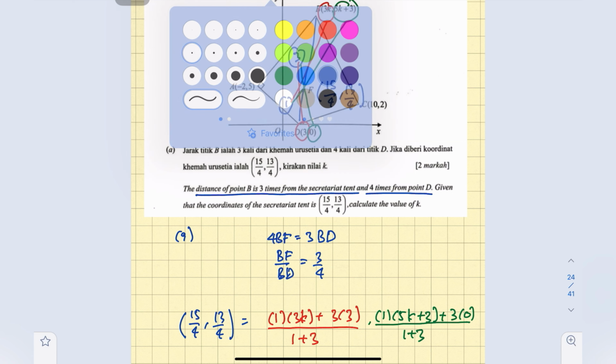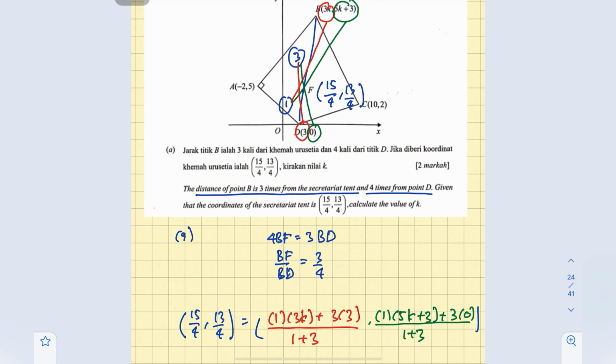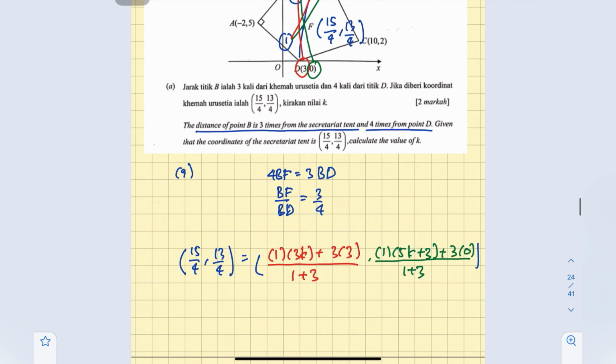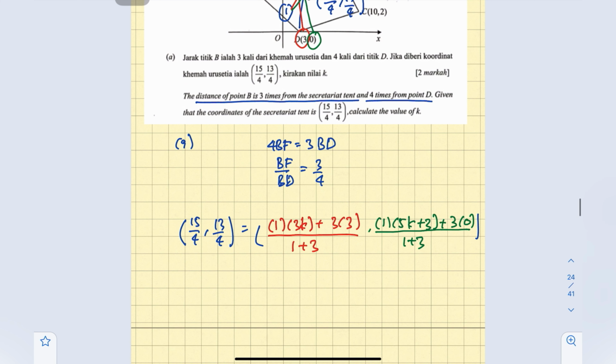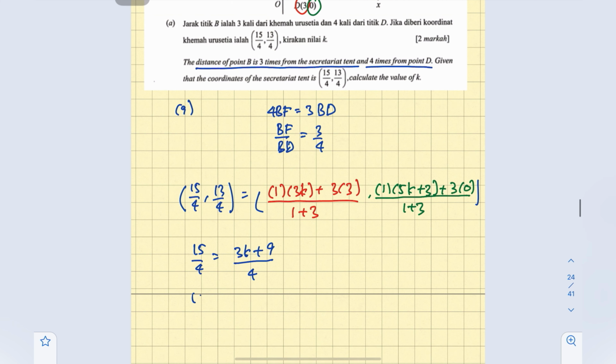Okay, so we compare coordinate X with X and Y with Y. We can actually use just one. Let's say I want to compare coordinate X. So 15 over 4 equals to 3K plus 9 over 4. So 15 equals to 3K plus 9. 3K is 15 minus 9 is 6.